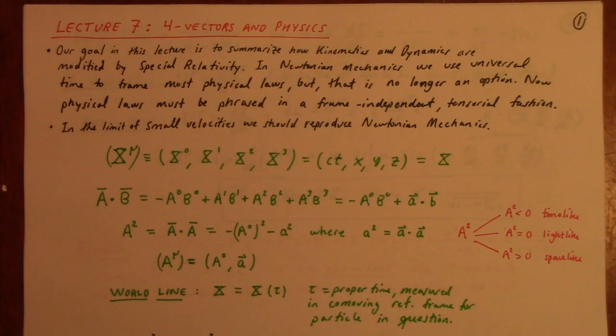But in special relativity, of course, there's time and space. So if you want to describe physics in a proper special relativistic sense, you need to describe things in terms of space-time.